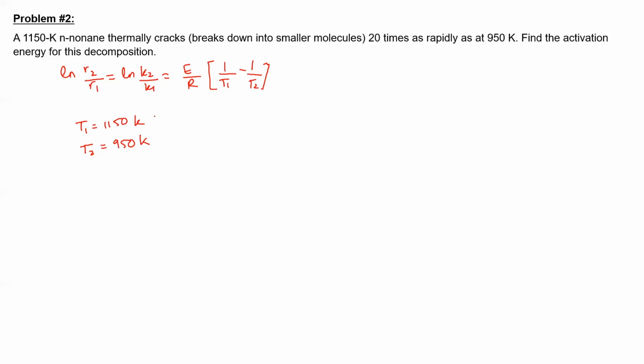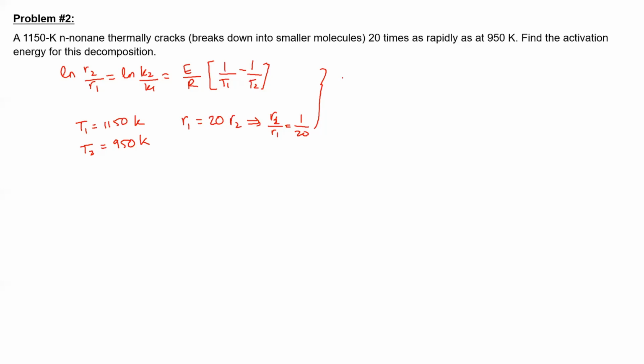Then you're told that at 1150, R1 is 20 times as fast as R2. So you're using R2 over R1, which is equal to 1 over 20. I'm going to take all of this information and plug it in here.